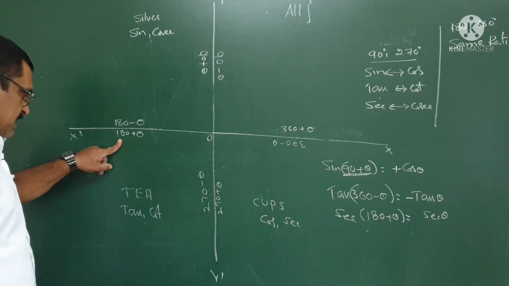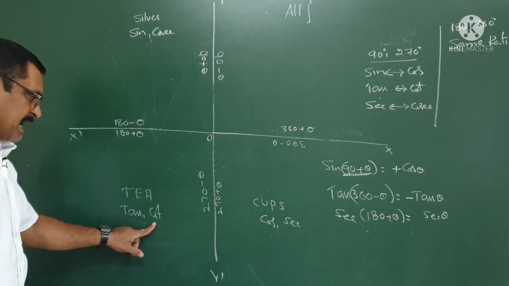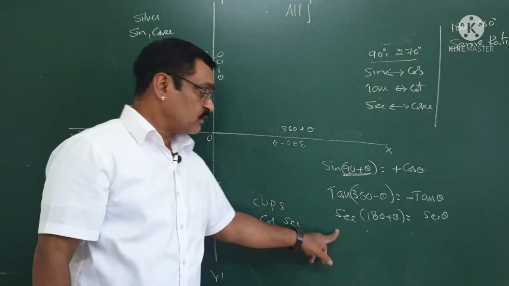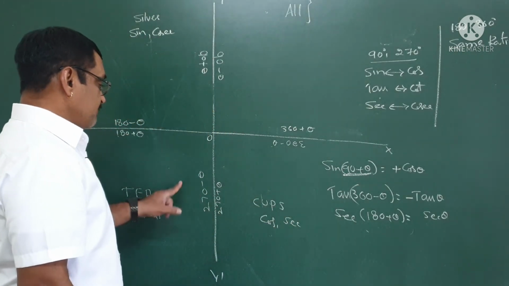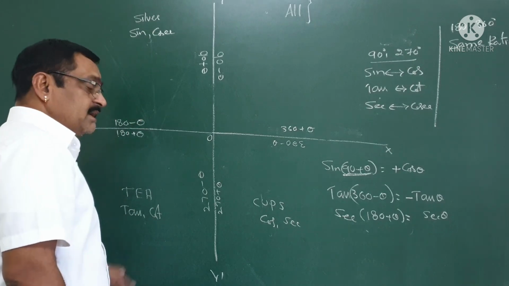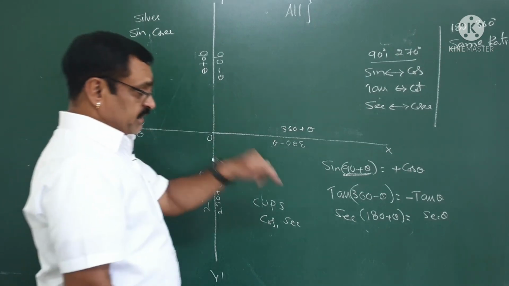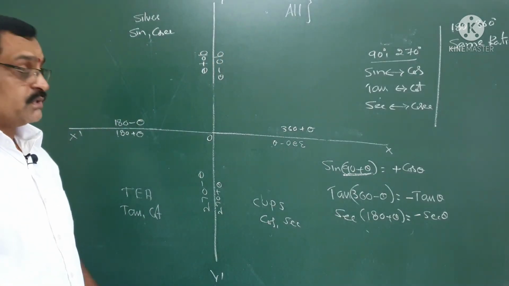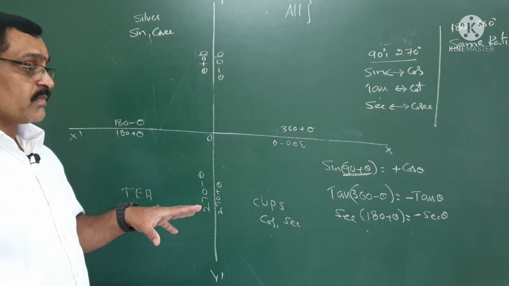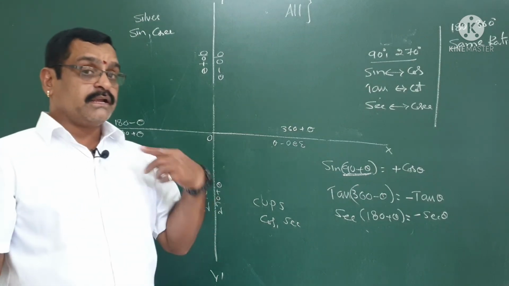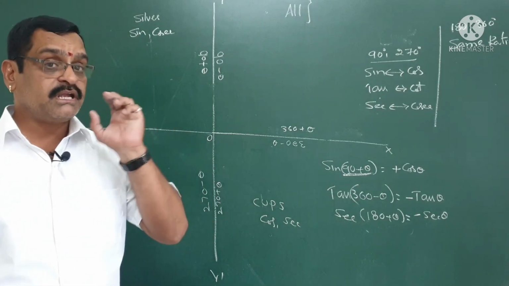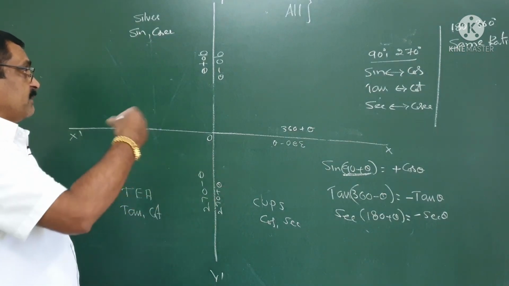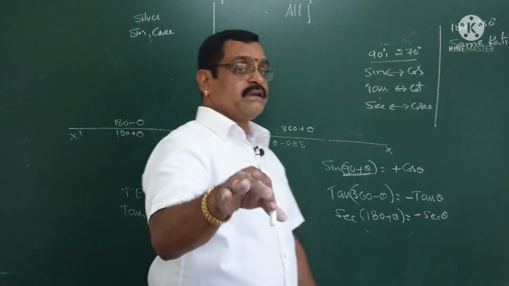In the third quadrant, only tan and cot are positive, not secant. So in the third quadrant, secant is negative, so I get a negative sign. So using this technique, you can generate any one of the 48 formulae. So this table's name is the All Silver Tea Cups table.